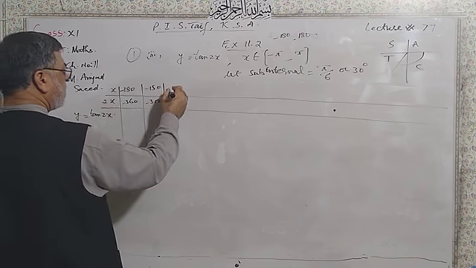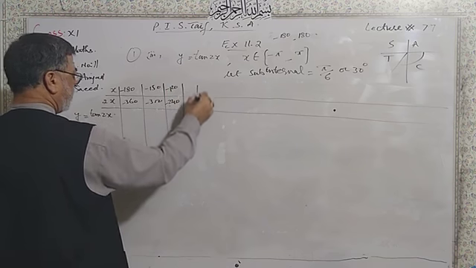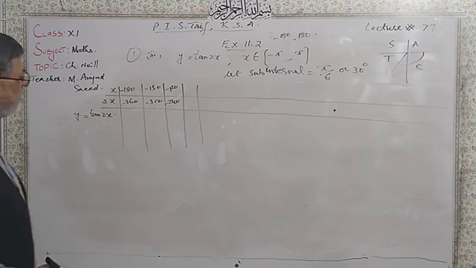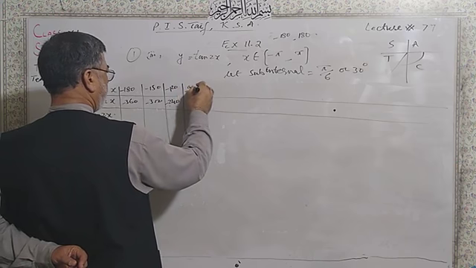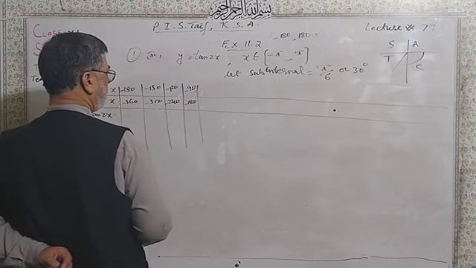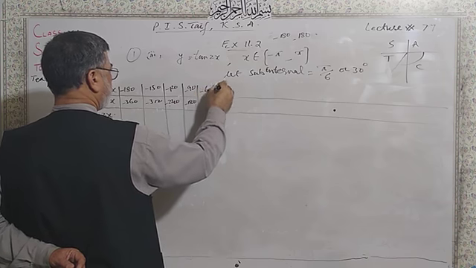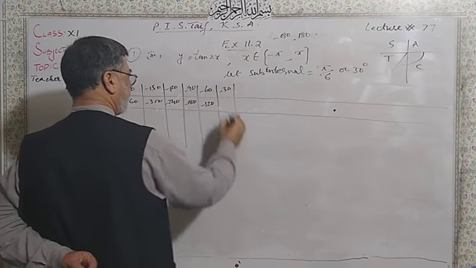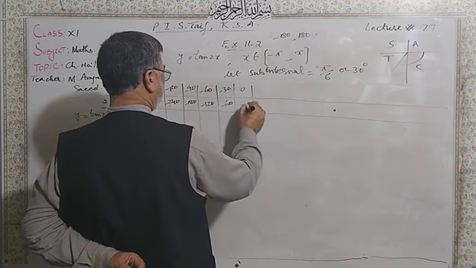Then minus 120, minus 240. The gap becomes 60 degrees. Minus 90, minus 180, minus 60, minus 120, minus 30, minus 60, and here is 0 and 0.